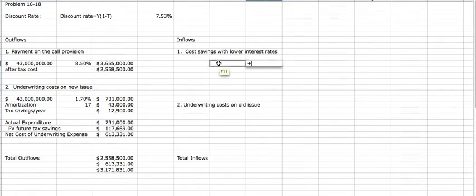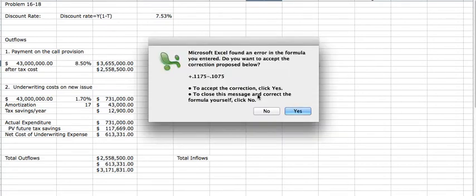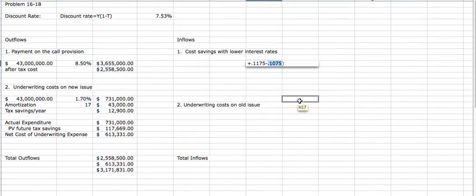So plus 0.1175 minus 0.1075, we know that's 1%, and we'll put that in parentheses, and we'll multiply this by the outstanding bond value, which is $43 million.